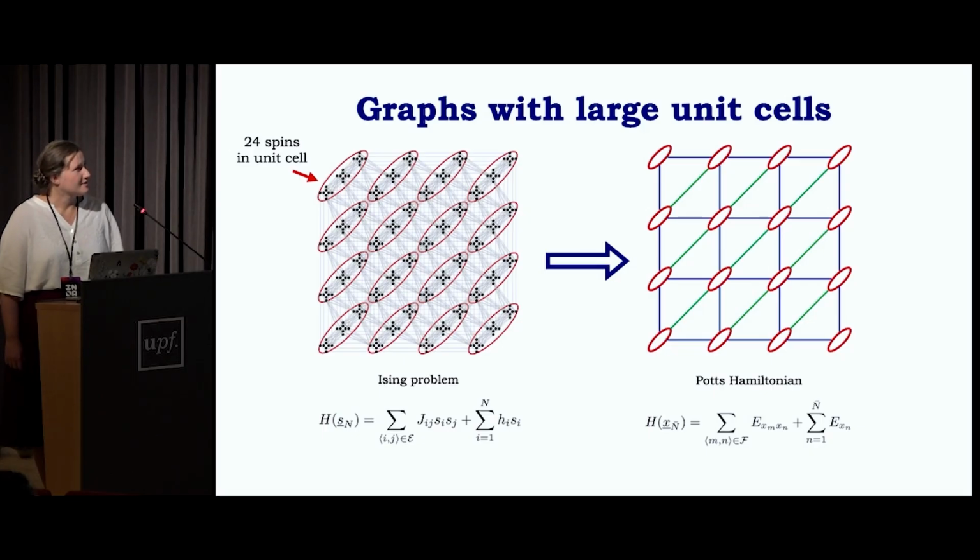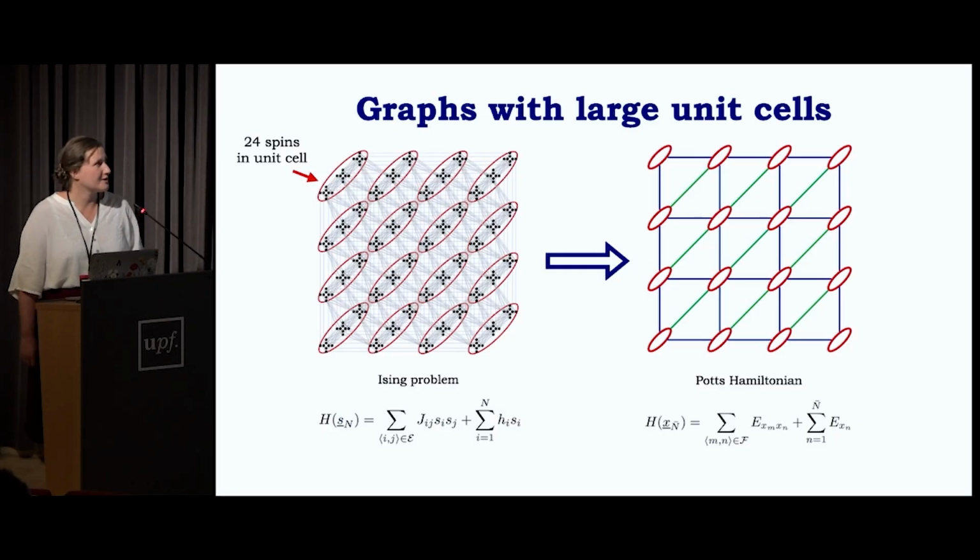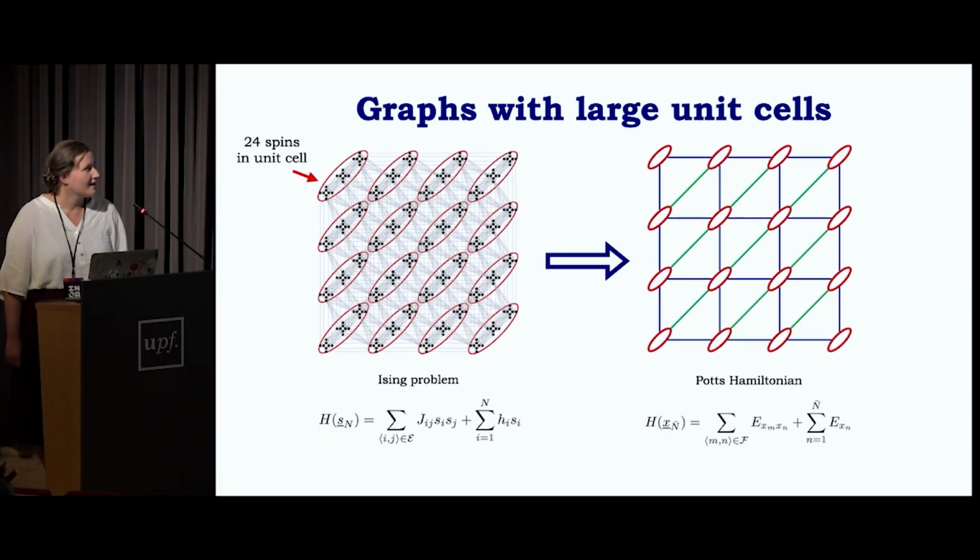We call it a Potts Hamiltonian, and in the following slides, we will be working with those clustered structures, not with the Pegasus graph, but with those Potts Hamiltonians. A similar approach works for Zephyr, except that in Zephyr we have 16 spins in every unit cell.